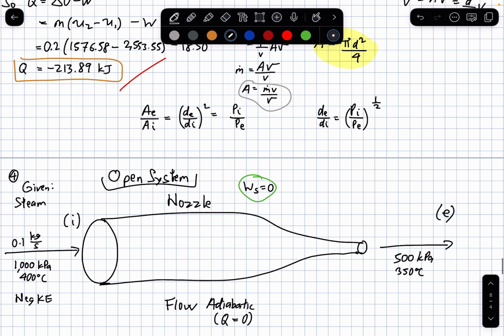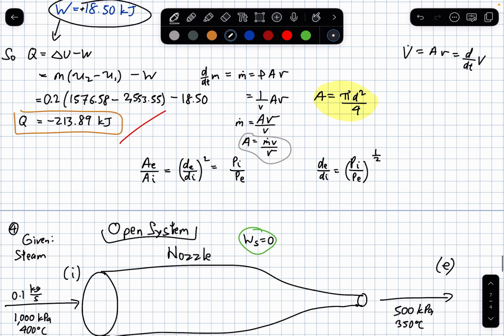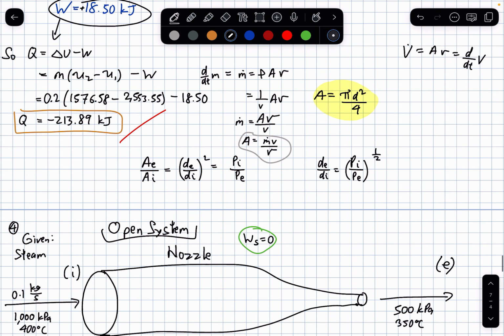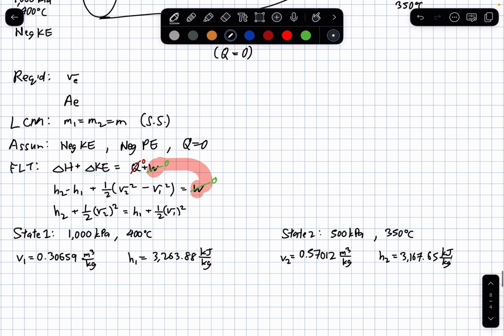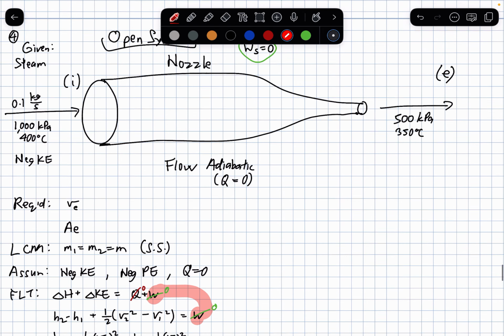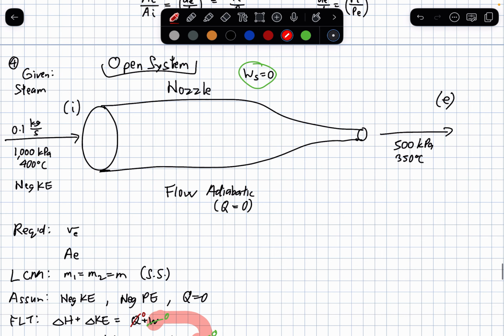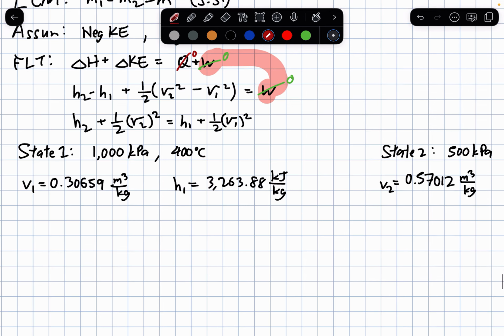We want to find velocity. According to the problem, at the inlet, KE is negligible. So there, velocity 1 is 0.